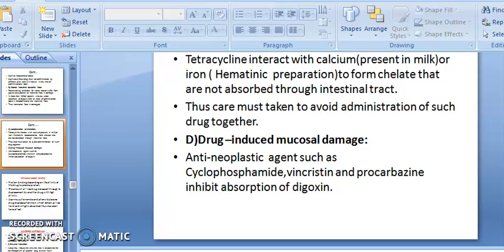Digoxin is a cardiotonic drug, and these are anti-neoplastic, that is anti-cancer, drugs. When you combine these drugs, mucosal damage is observed, and the absorption of digoxin will be decreased.